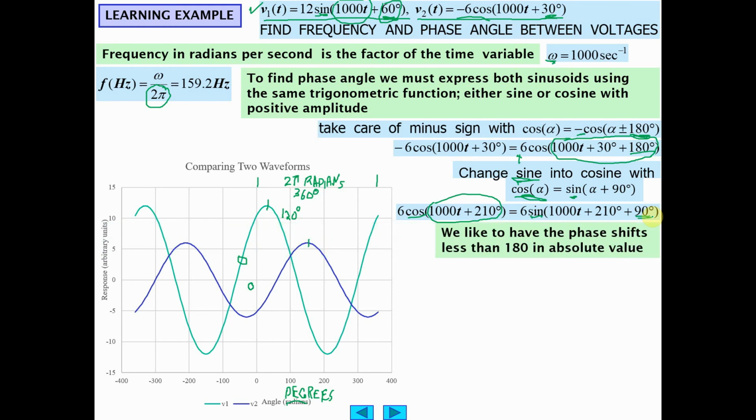Now, this gives us 210 plus 90, which is 300. That's a little big. We want to convert it to negative 60, because the convention is that people don't like to work between negative 360 and positive 360 like on this graph. They want to work in this range here, negative 180 to positive 180 degrees.